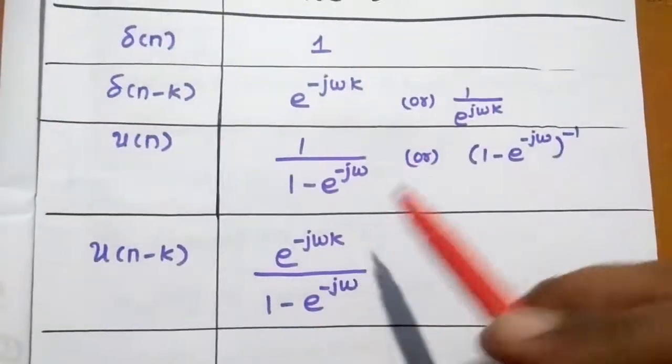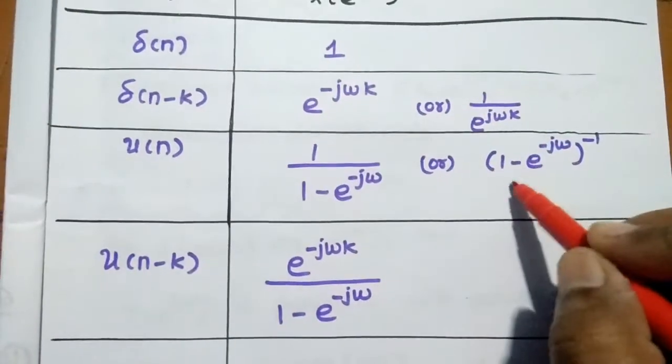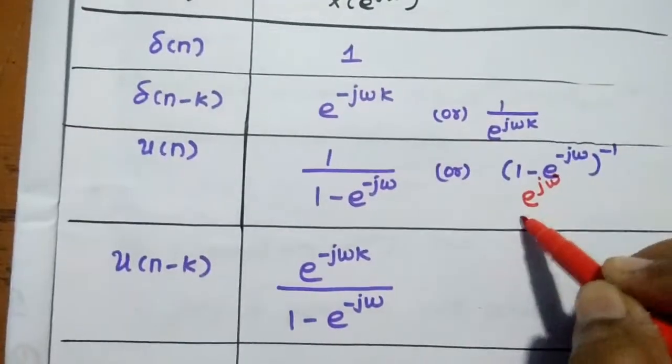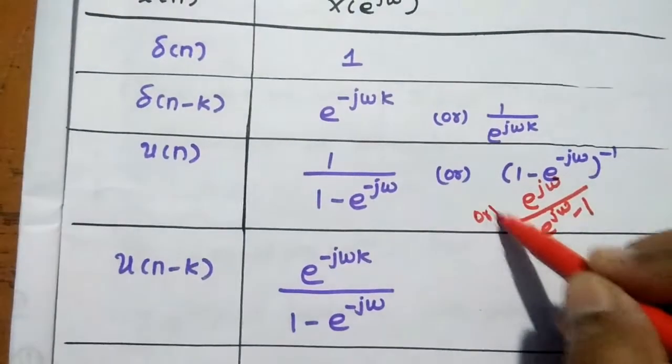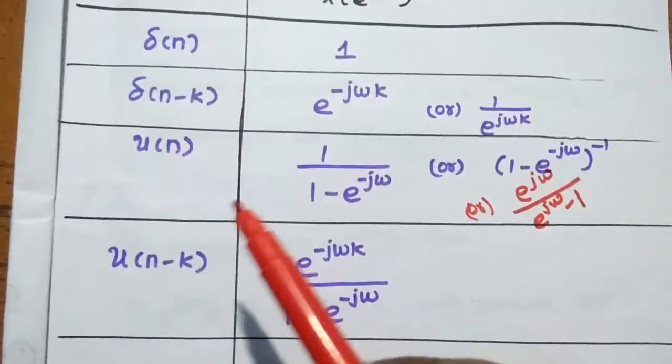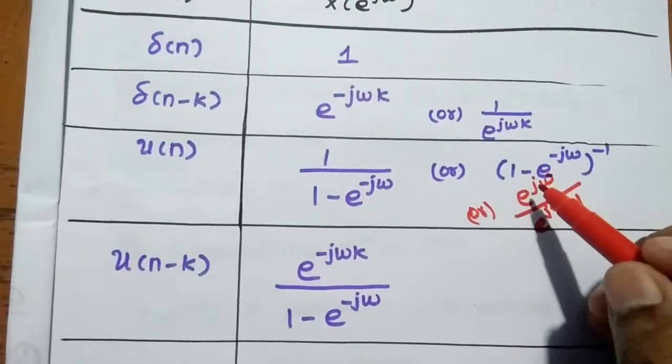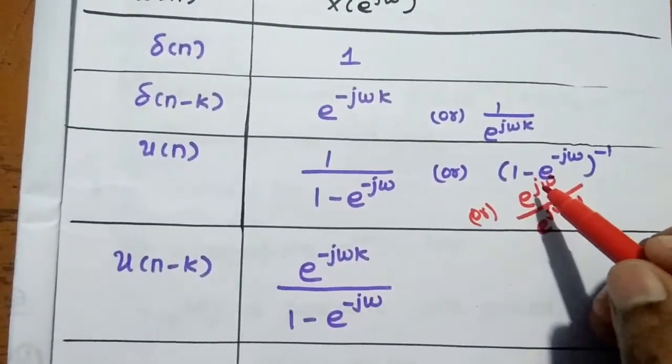Okay, so the same can be written like this. That is e power j omega divided by e power j omega minus 1. So this is also the formula for u of n in terms of the positive sign of power.